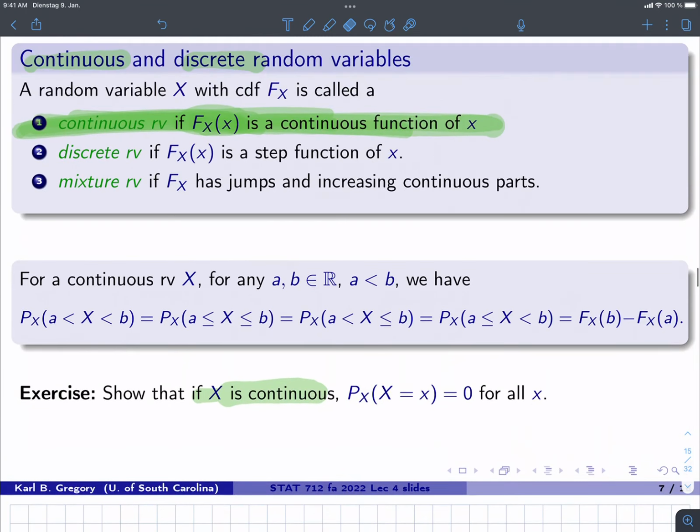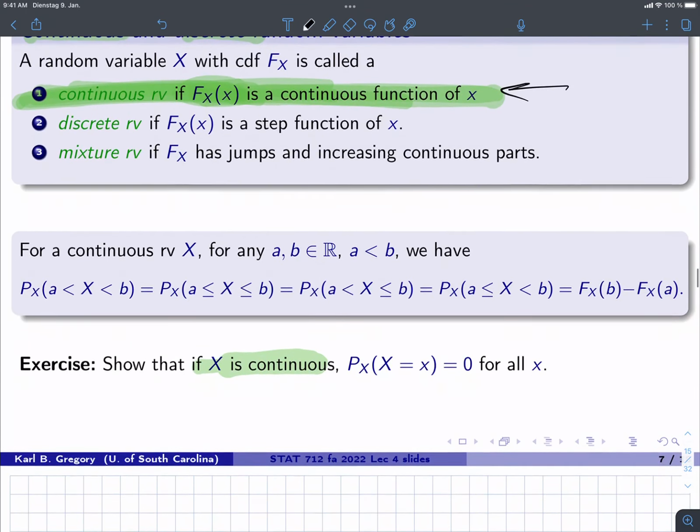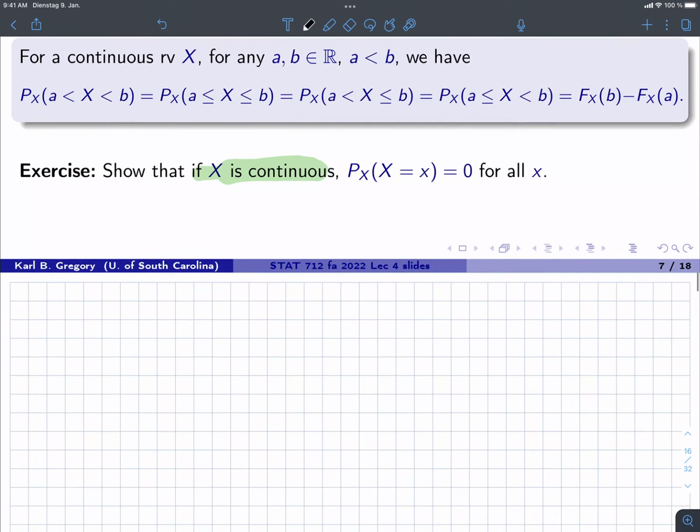This is a consequence of our definition of a continuous random variable right here. Okay, so how do we know that? So let's go ahead and show it.